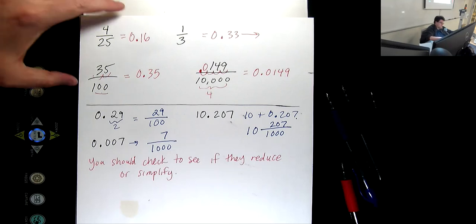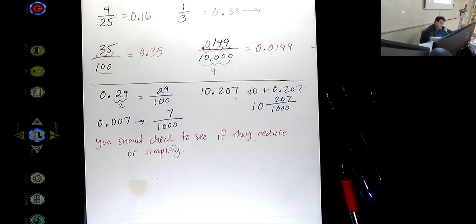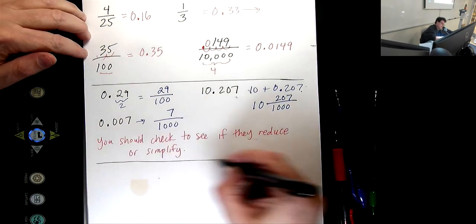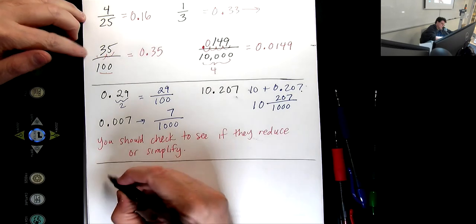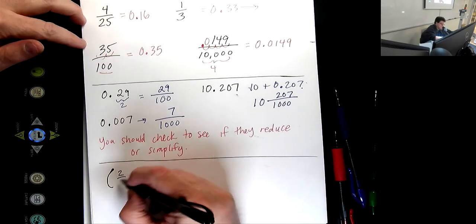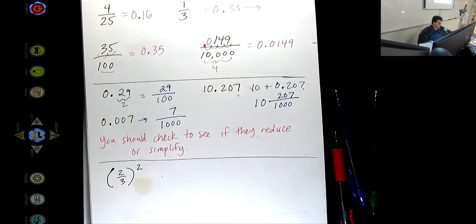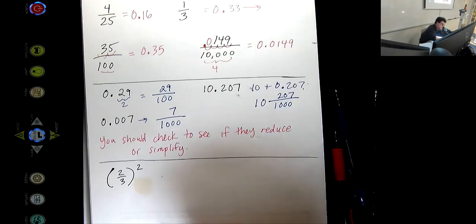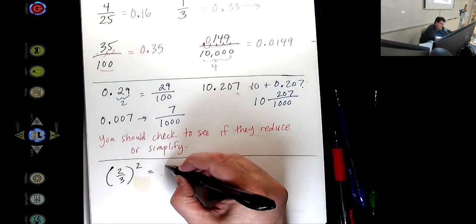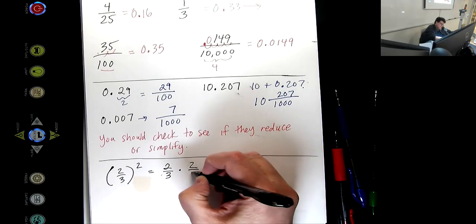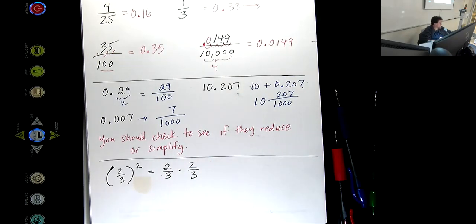Before I segue to percentages with this, one other topic that I managed to somehow miss is when you have fractions with exponents. Exponents means you write the thing multiplied by itself that many times. So 2/3 squared is 2/3 times 2/3.